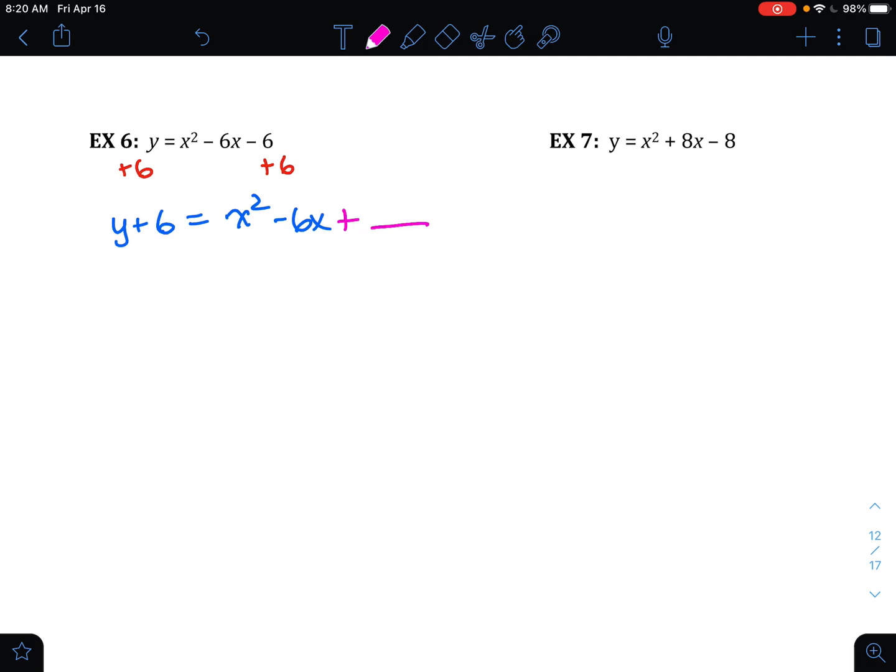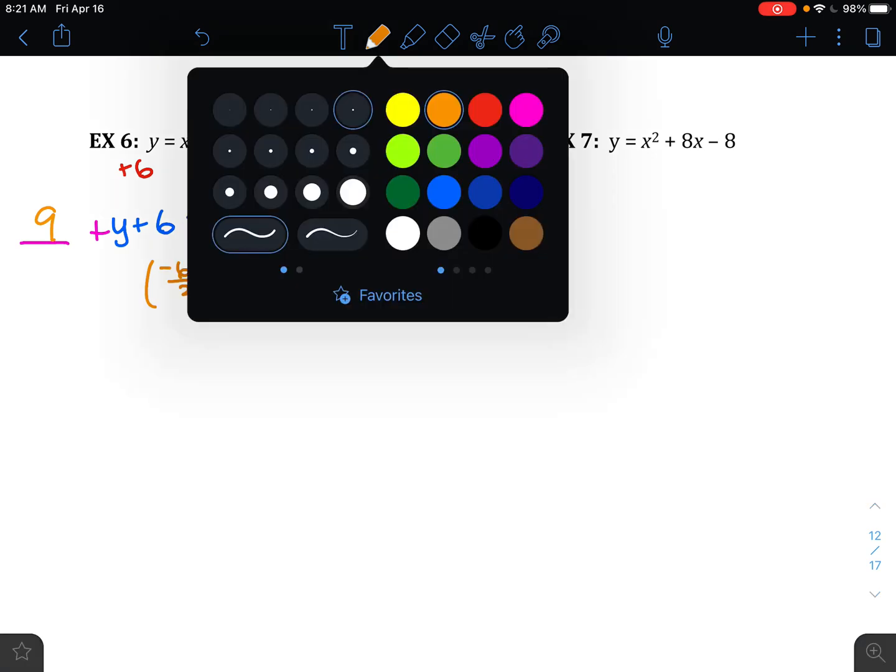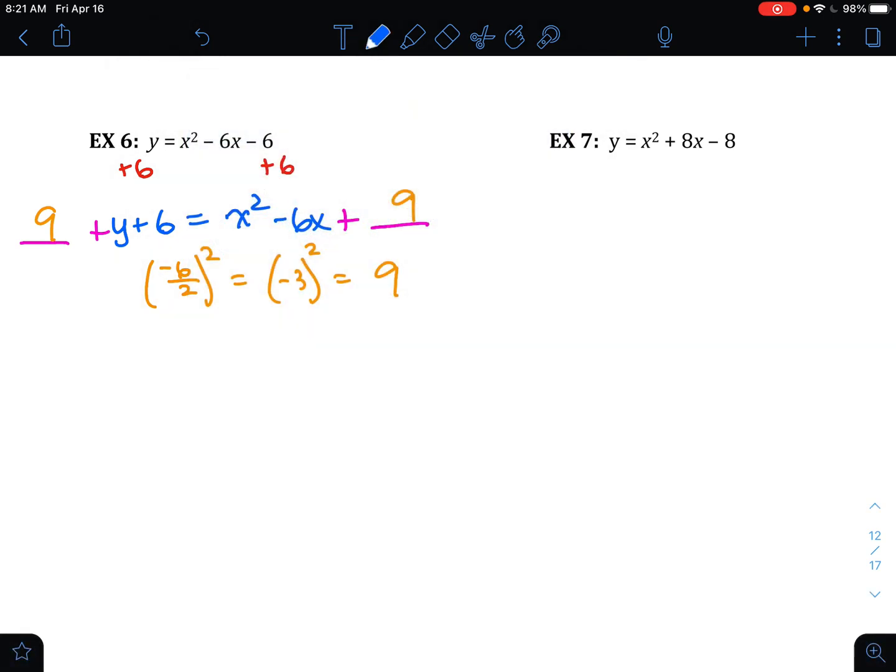Add in my blank here. And I am going to put in -6 divided by 2 squared. So that would be a -3. Leads me to a 9. And then 9 and 6 is 15.